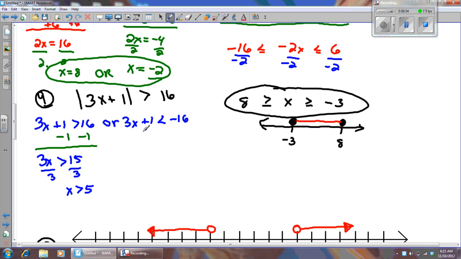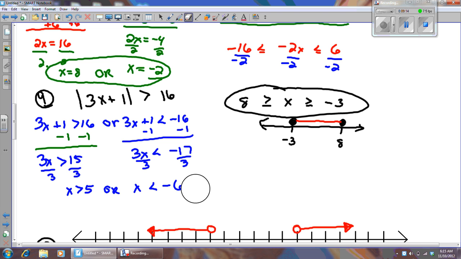Or subtract 1 from both sides, get 3x is less than negative 17. Divide by 3, divide by 3, you get x is less than negative 5 and 2/3.